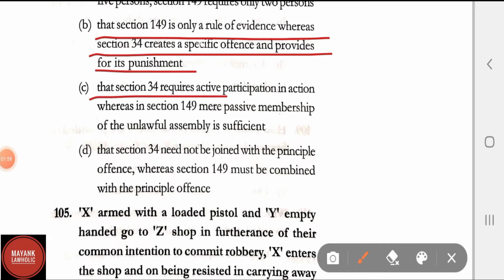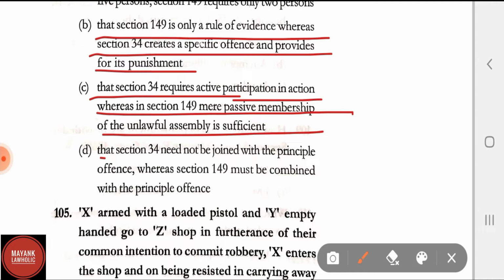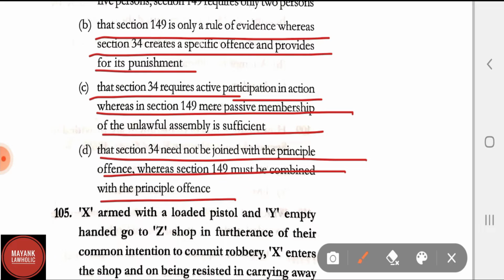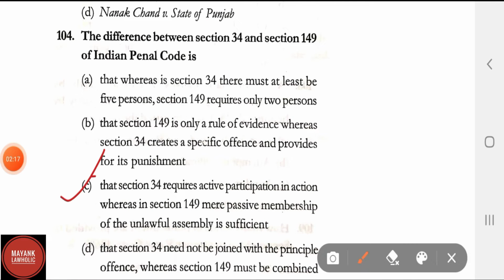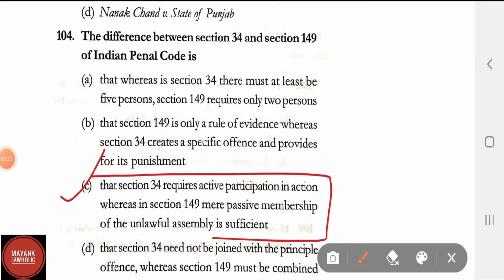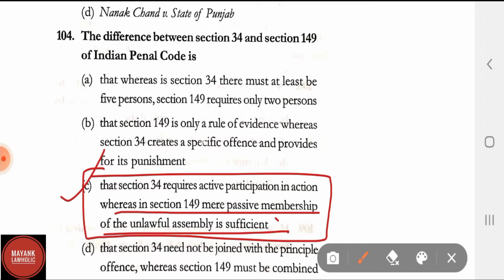Option C, that section 34 requires active participation in action, whereas in section 149 mere passive membership of the unlawful assembly is sufficient. Option D, that section 34 need not be joined with the principal offence, whereas section 149 must be combined with the principal offence. In question number 104, the correct answer is option C, that is that section 34 requires active participation in action, whereas in section 149 mere passive membership of the unlawful assembly is sufficient.